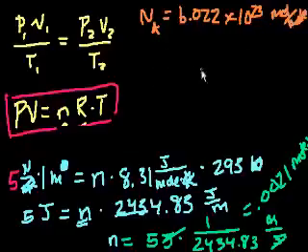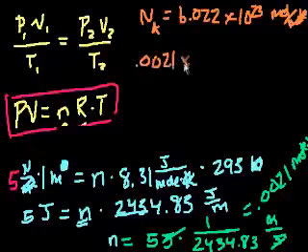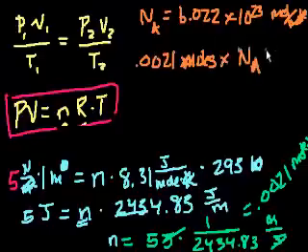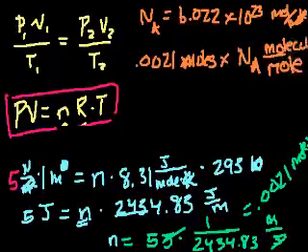I know you can't read that. So if I have 0.0021 moles, how many molecules do I have? Well, I just multiply that 0.0021 moles times Avogadro's number, molecules per mole.